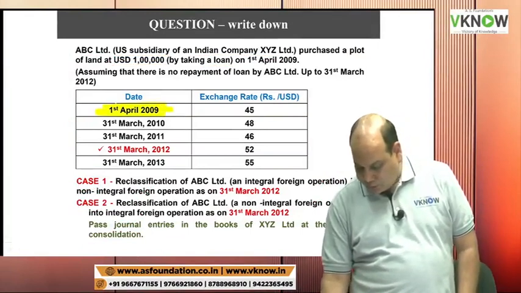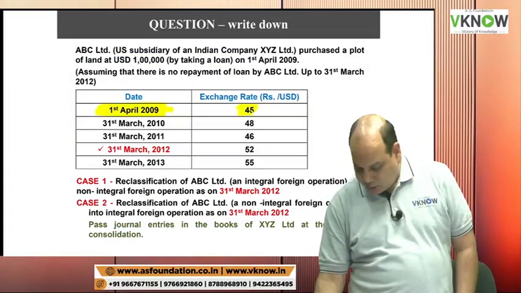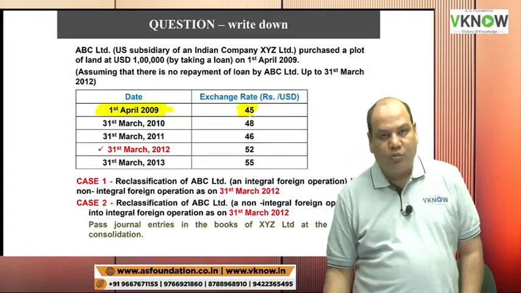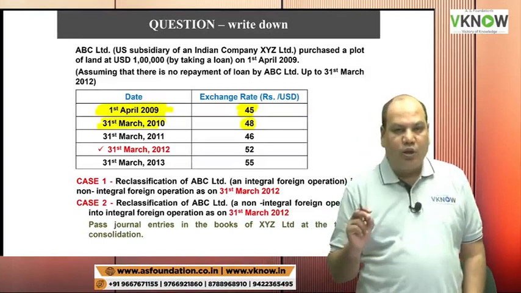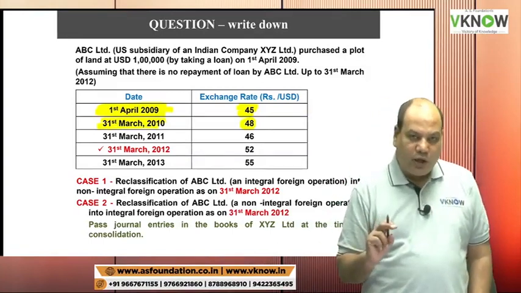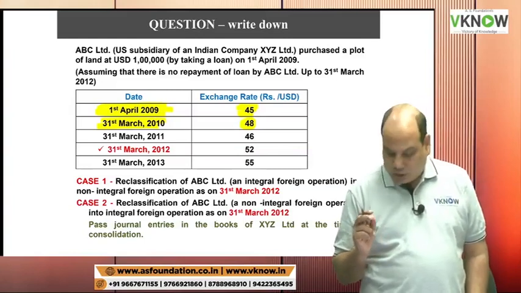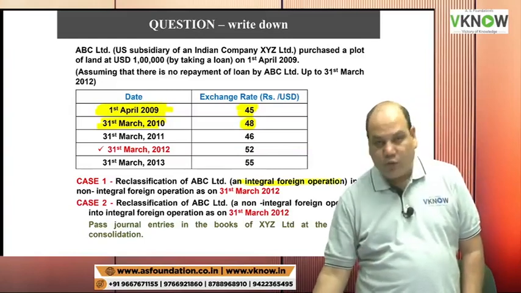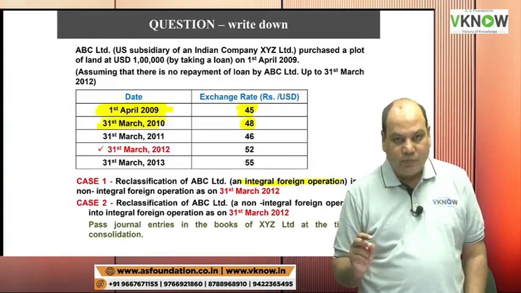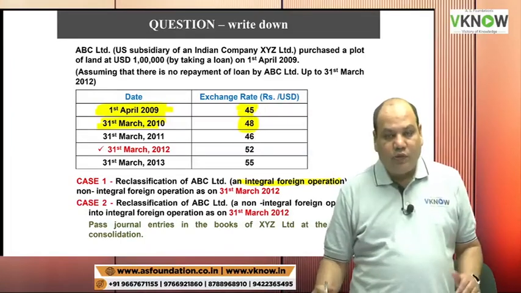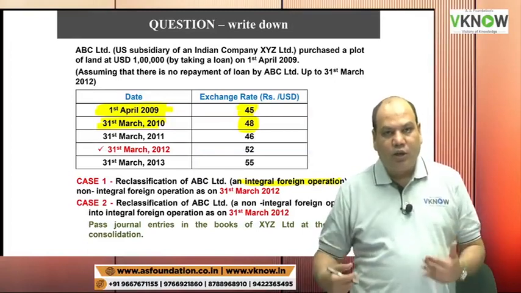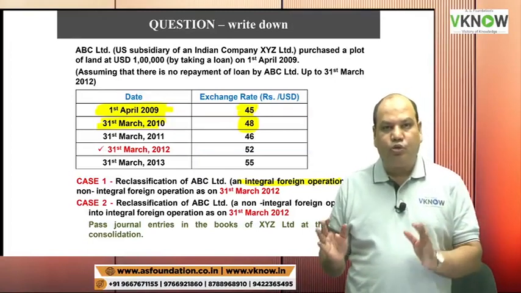On 1st April, we purchase a land using borrowed money. Then on 31st March, I am not going to revalue the land. Land I will keep as it is because right now we are following the integral foreign operation principle. But the loan is a monetary item and it needs to be revalued at closing rate.